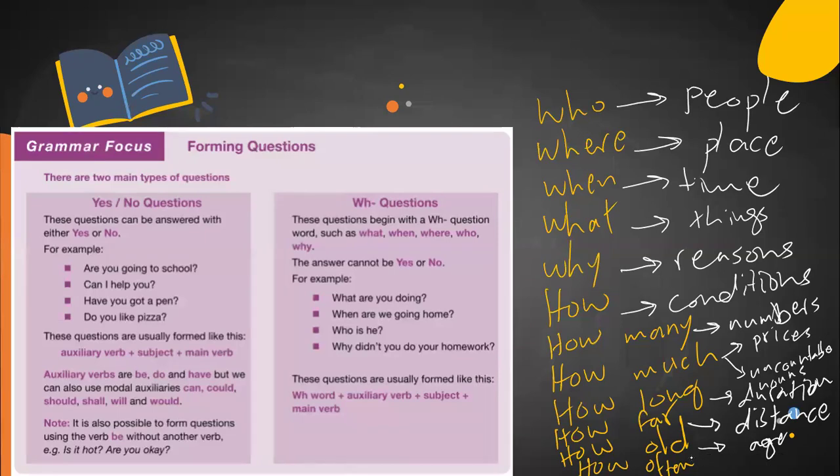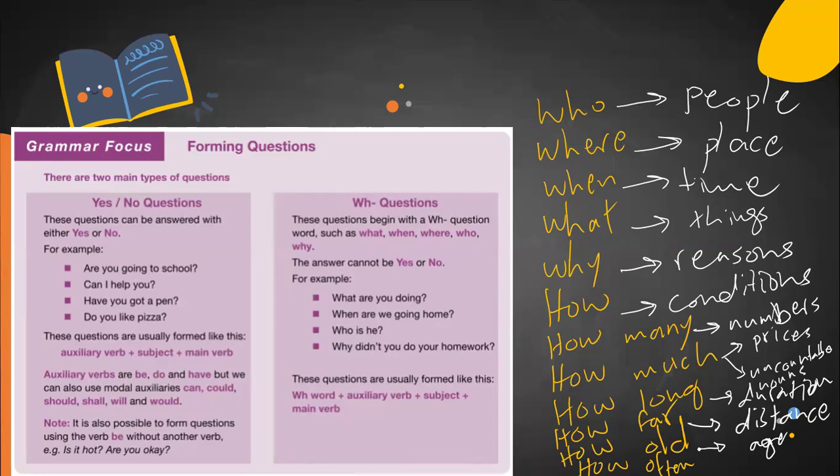How often? Okay, we use how often when we want to ask about the times that something happens. Like, how often do you pray? We pray 5 times a day. How often do you brush your teeth? I brush my teeth 2 times a day.